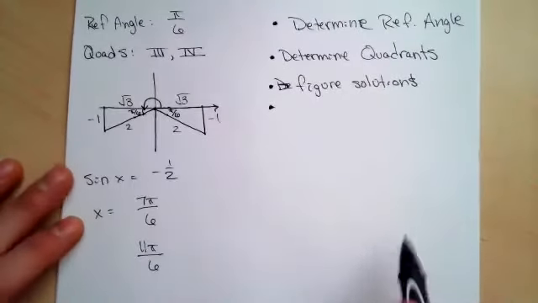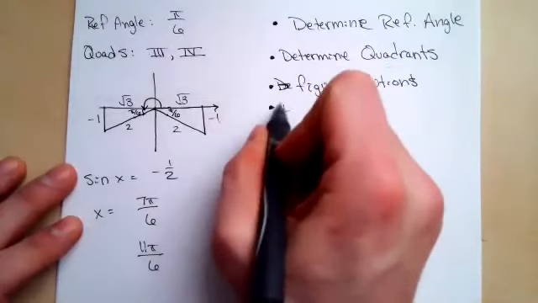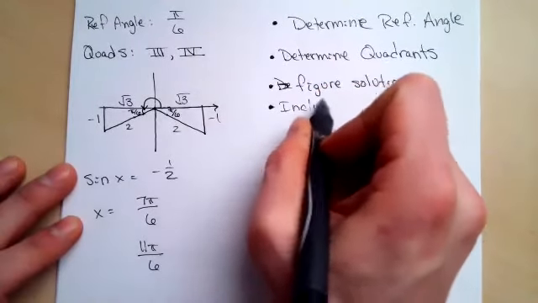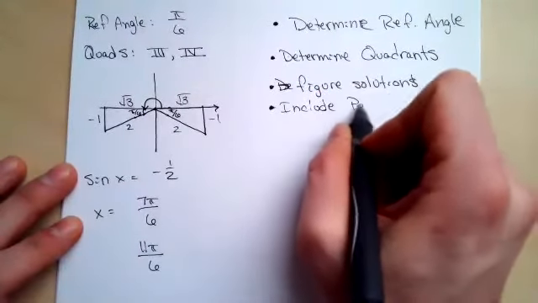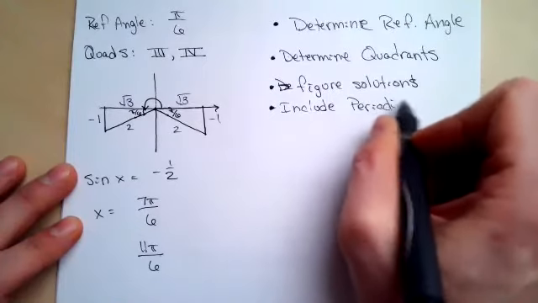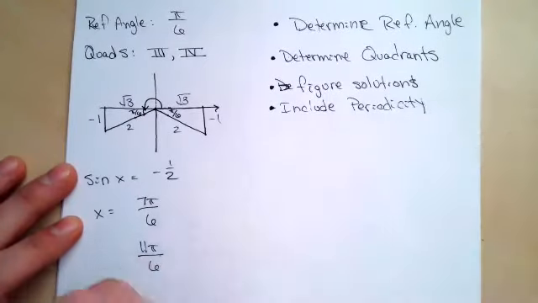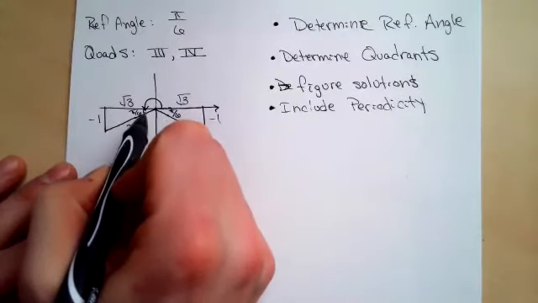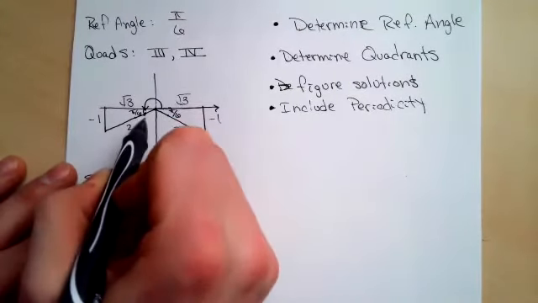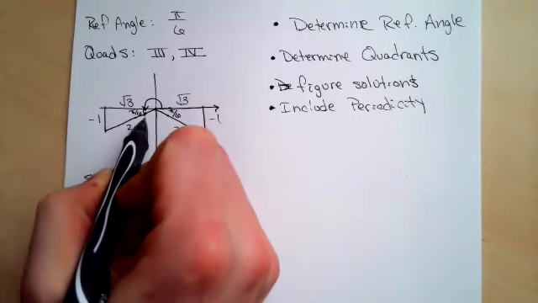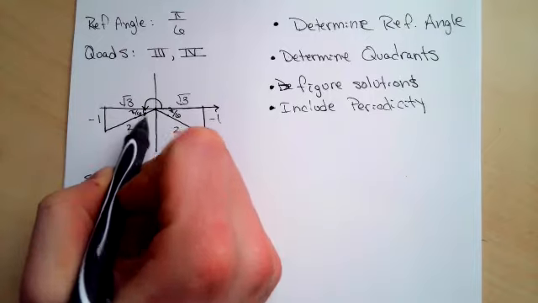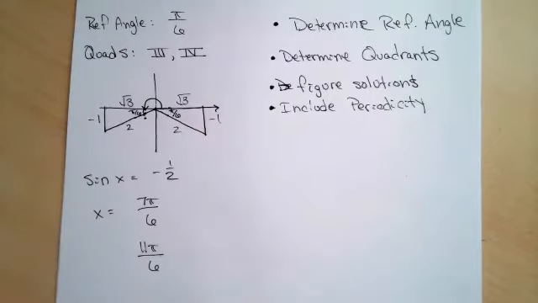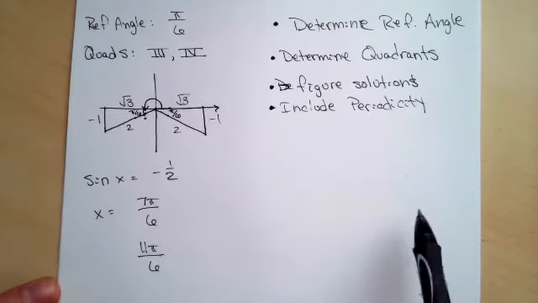So how do we find the general solution? We need to include the periodicity. Because 7 pi over 6 is a good answer, but what happens if I add 2 pi and go all the way around? Well, we'll be right back there in the same coterminal angle with the same reference angle in the same quadrant, and so we'll have the same sine value.